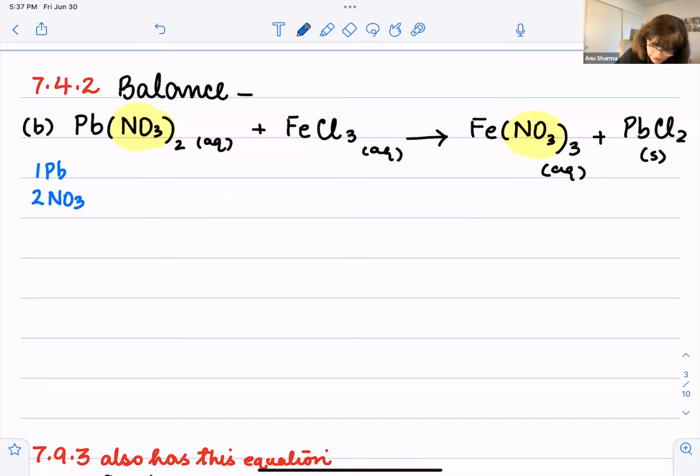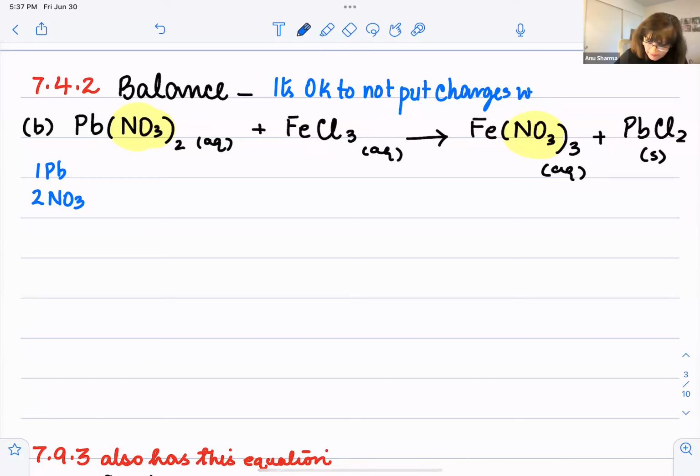So here I'm going to write down, it's okay to not put charges when balancing in the beginning, because sometimes ideally you should, but all that comes with practice. Okay, so for the beginners, it's fine.